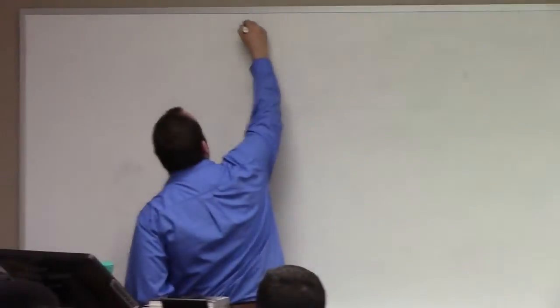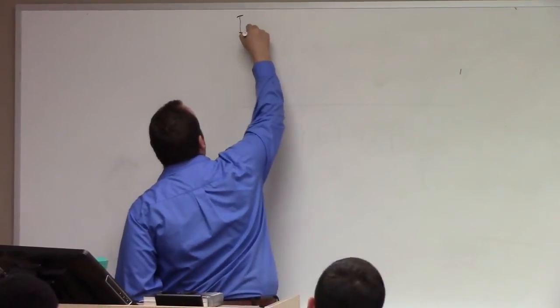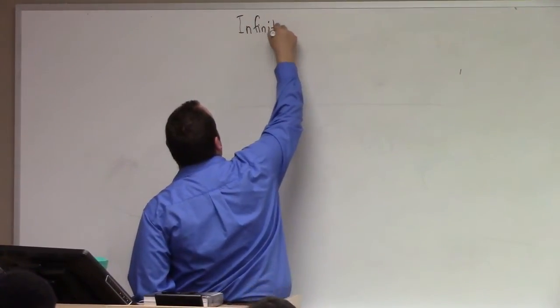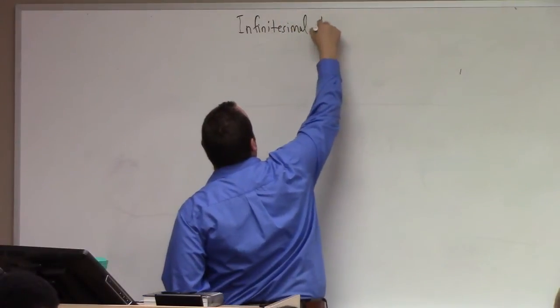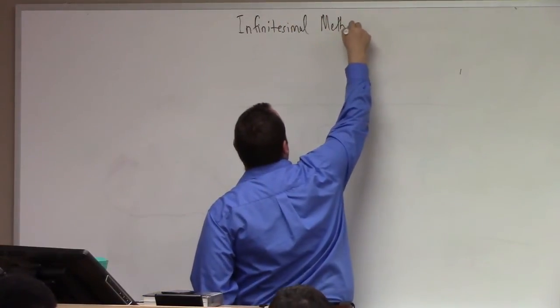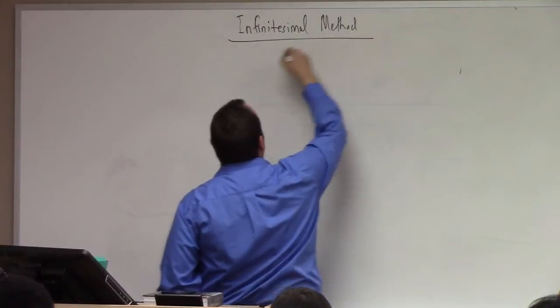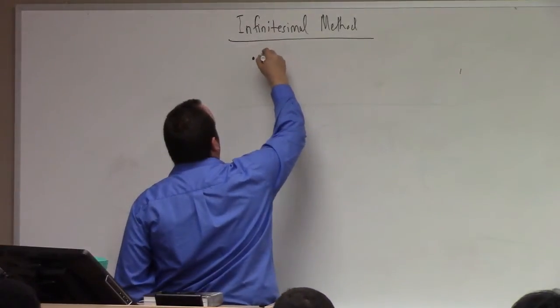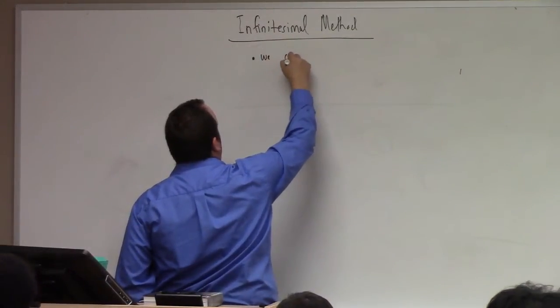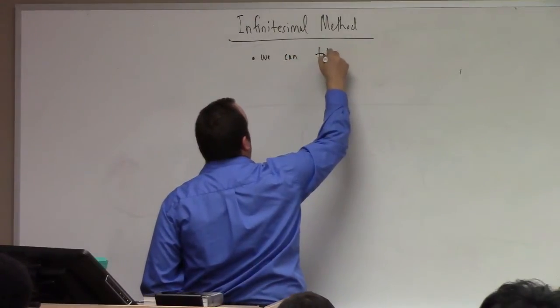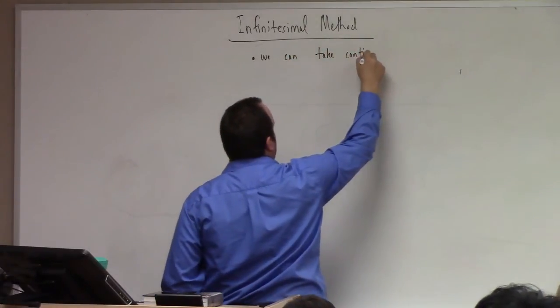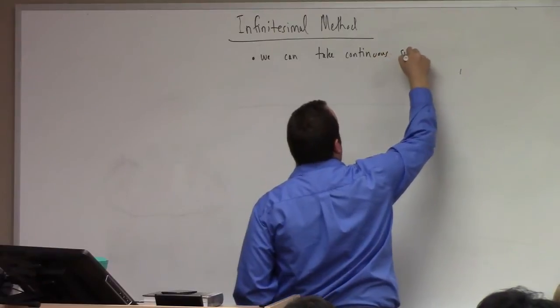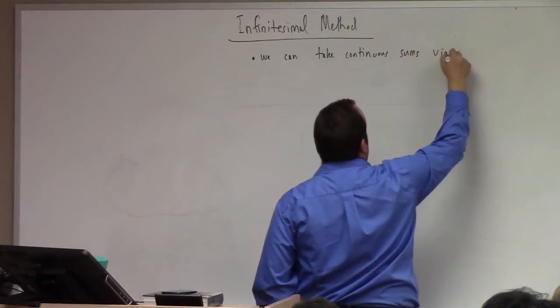Well, what I want to talk to you about now is a general idea, which is the infinitesimal method. Basically the infinitesimal method in a nutshell is this: we can take continuous sums via integration.